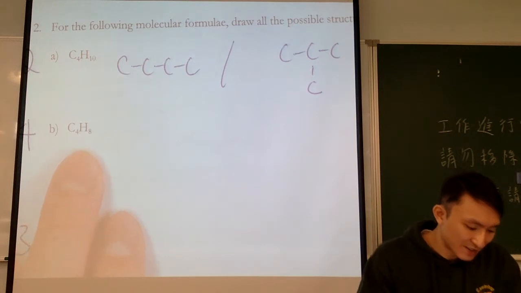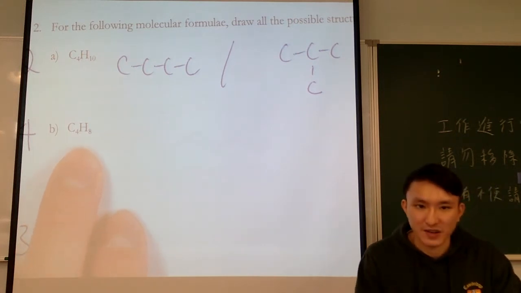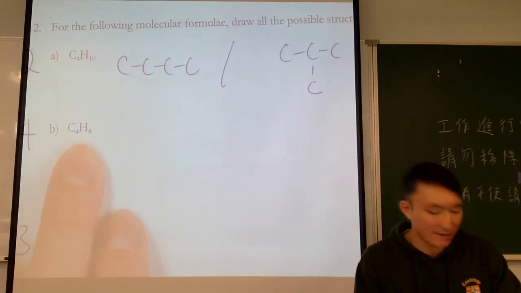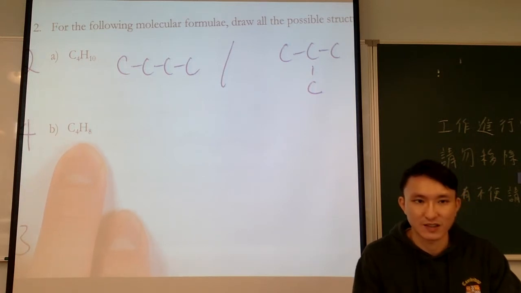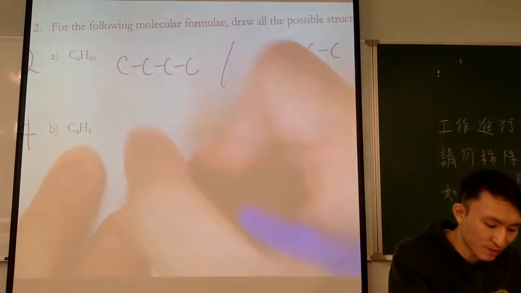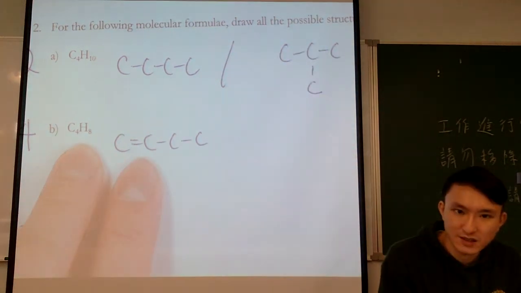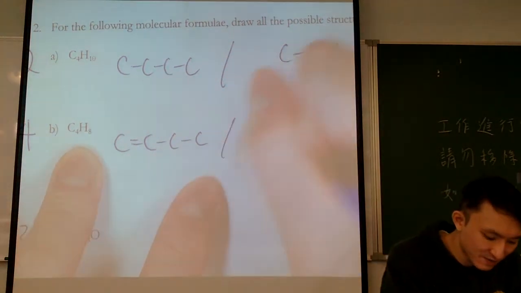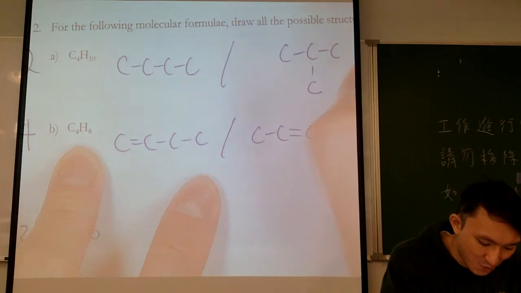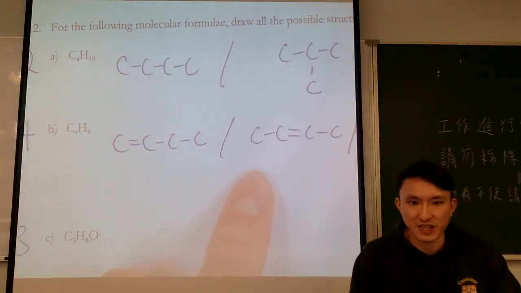Now the second one, if you are smart, you know it is an alkene, right? Because it fits the general formula CnH2n. So there must be a CC double bond. So you should be able to identify at least this one, a but-1-ene. And when we have but-1-ene, we may as well have but-2-ene.